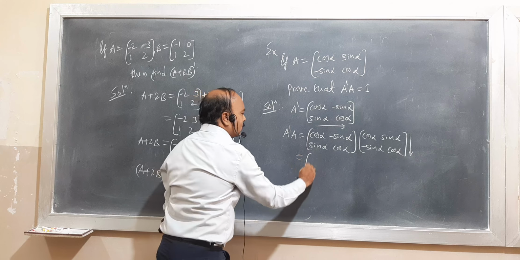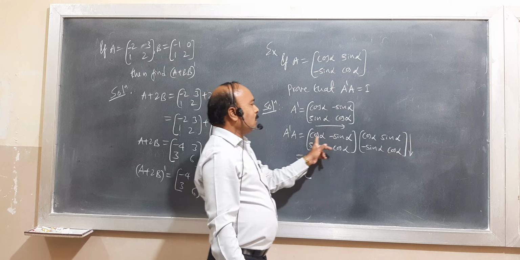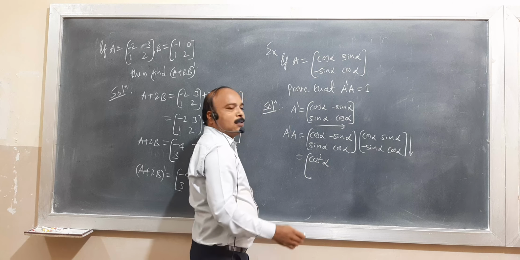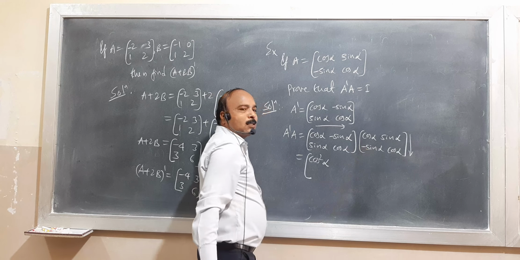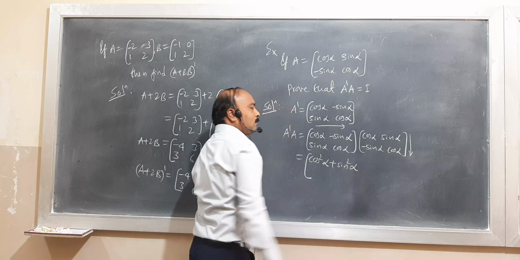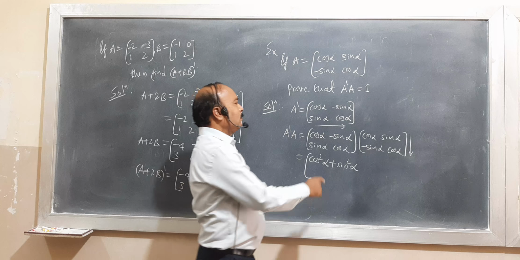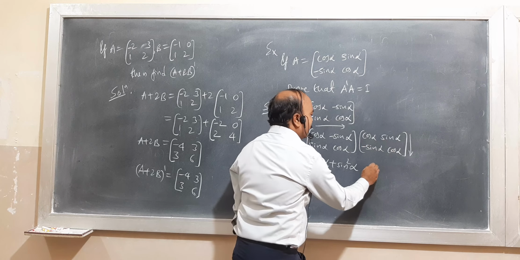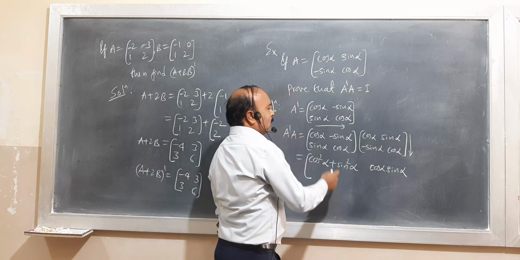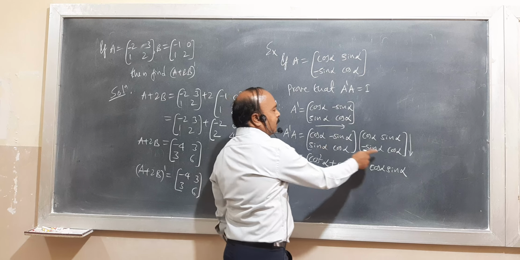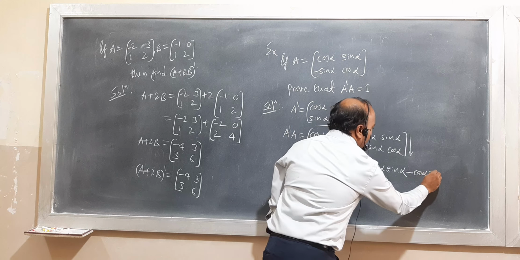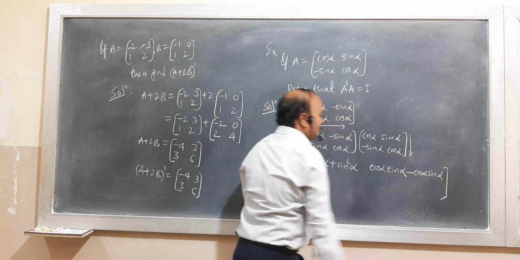First, cos alpha into cos alpha, that is cos square alpha, minus sin alpha into minus sin alpha, it is plus sin square alpha. Next, first row with second column, cos alpha into sin alpha plus minus sin alpha into cos alpha, that is minus cos alpha into sin alpha.